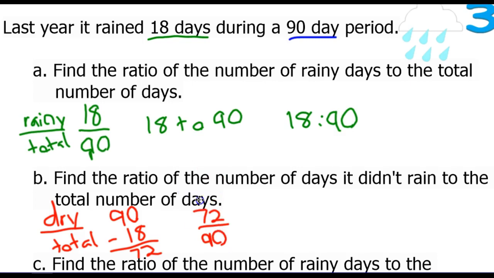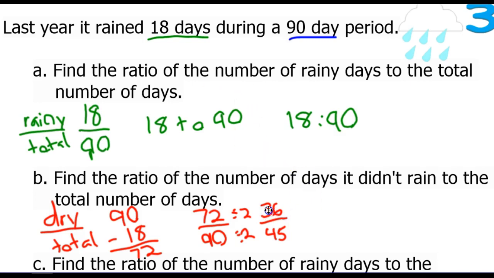Now, can we simplify this? Is there anything we can take out of both? Well, there is. We can divide each of these by 2. 72 divided by 2 is 36, and 90 divided by 2 is 45. So we've got to figure out if we can divide those by anything else.